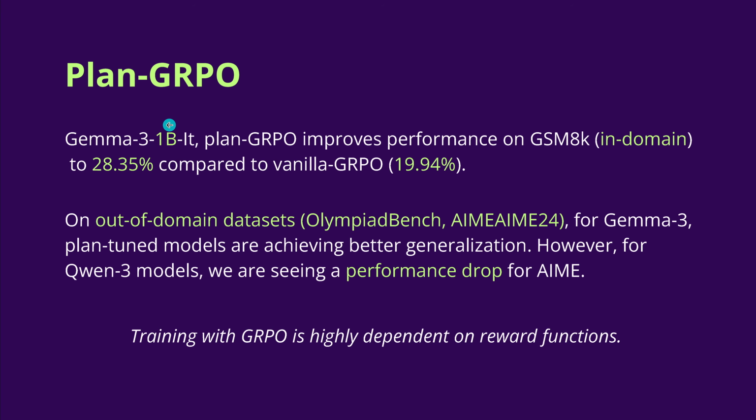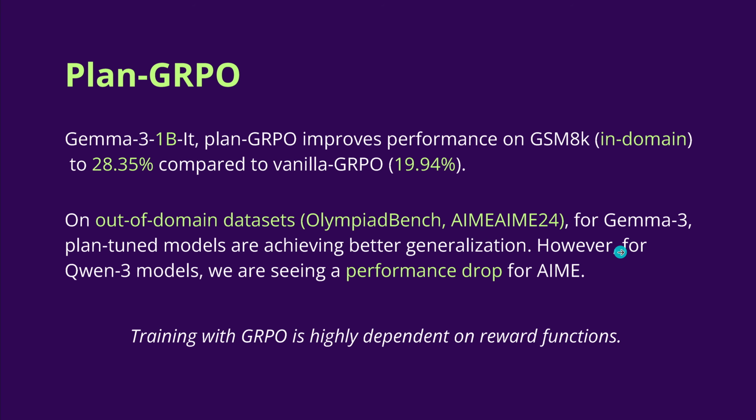So for the 1B model, instead of the 20, now it has 28%, plus 8%. Now I'd say, okay, but what about out-of-domain datasets? The AIME 24, the really interesting AIMEs. For Gemma 3, we have a better generalization. And whenever I see the text that Google writes, we have a better generalization and no numerical benchmark data, you know you have to be careful.